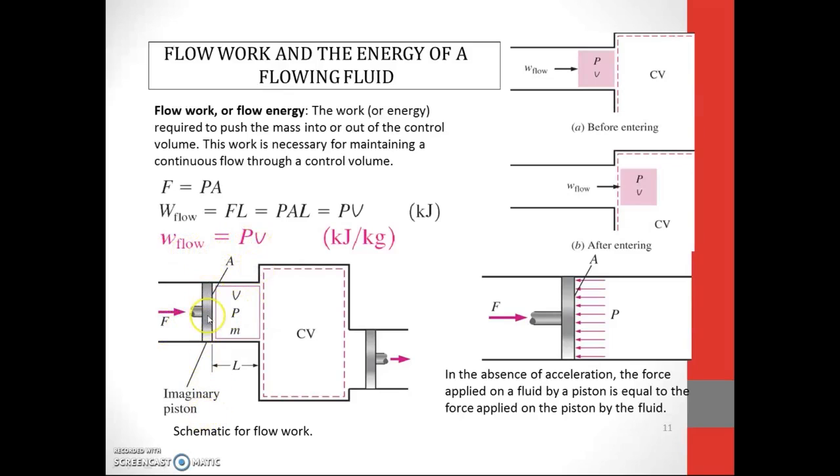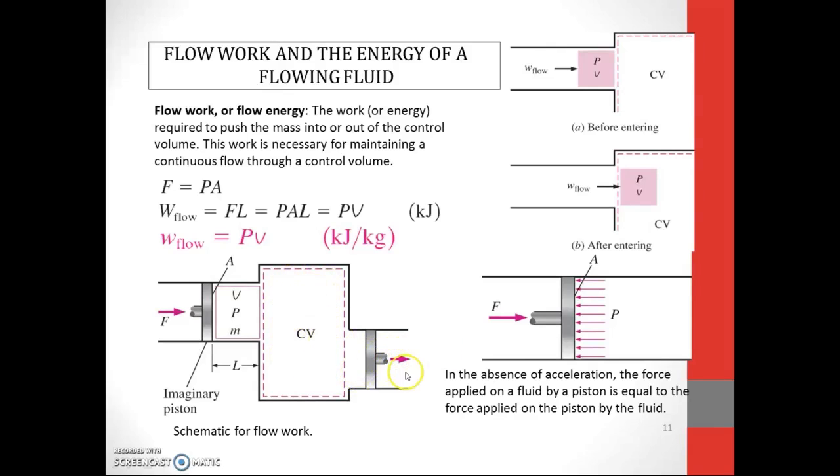This is an imaginary piston. We push the piston. Schematic for flow work: we assume that we have a piston here just to push the inlet stream, the inlet flow, into the open system or control volume.